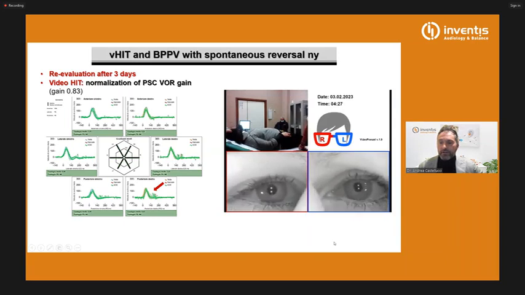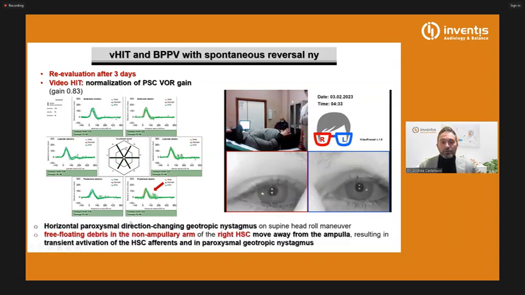Okay, now on the right side at the supine head roll test, there is a right beating nystagmus with paroxysmal course. So horizontal paroxysmal direction-changing geotropic nystagmus, due to the fact that free-floating debris in the non-ampullary arm of the right horizontal canal move away from the ampulla, resulting in transient activation of the horizontal canal reflex and paroxysmal geotropic nystagmus.